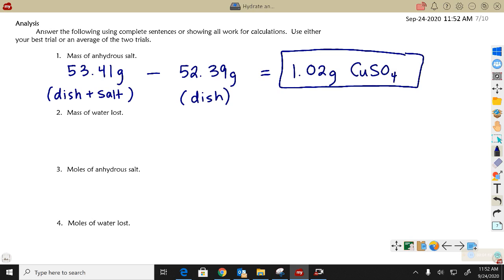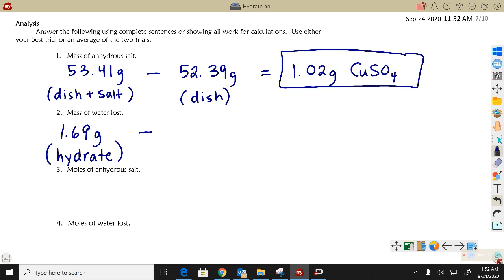Now the water lost. Okay, so where was the water to begin with and where did the water go? Well, initially the water was in the hydrate. And then as I heated, the water was lost just to the air. It turned into water vapor. So if I take the mass of the original hydrate, 1.69 grams, and if I subtract the remaining salt, the difference was the water lost.